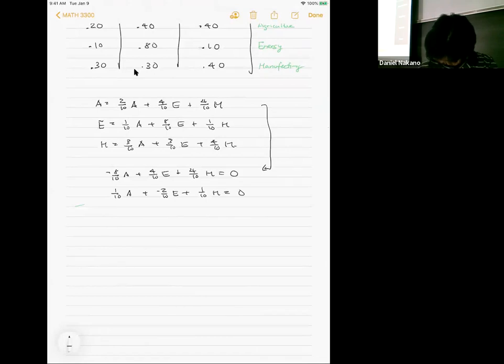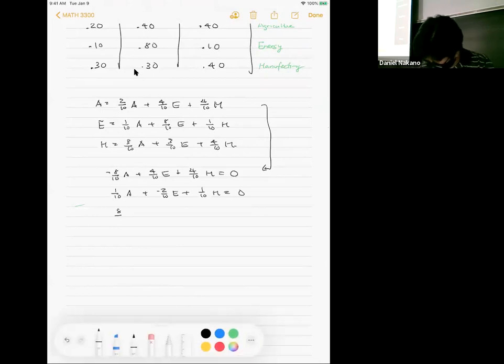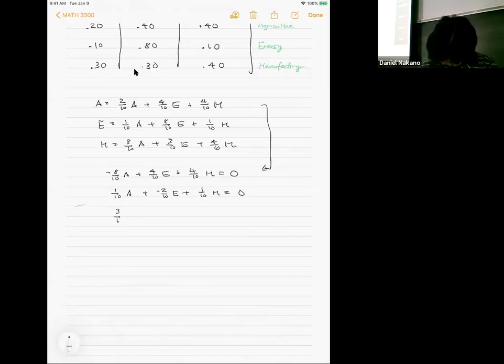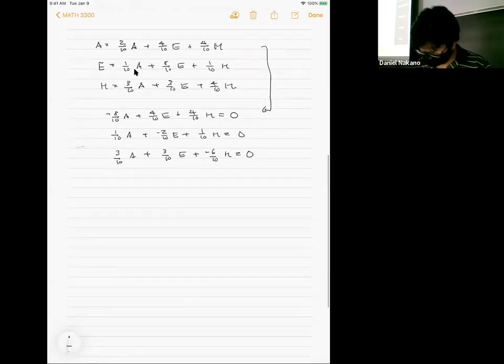And the last one is, sorry, it's not 8, it's a 3: 3/10 of A plus 3/10 of E plus minus 6/10 of M is 0. This is a homogeneous system, and now I'll let you solve.